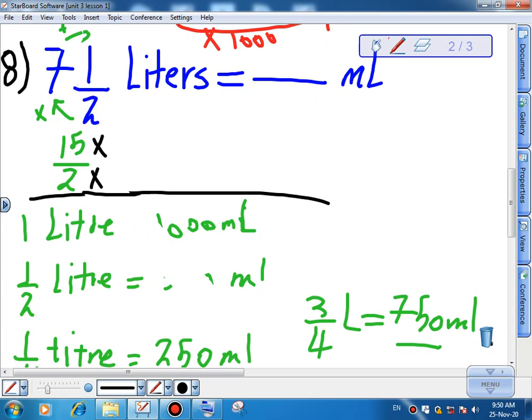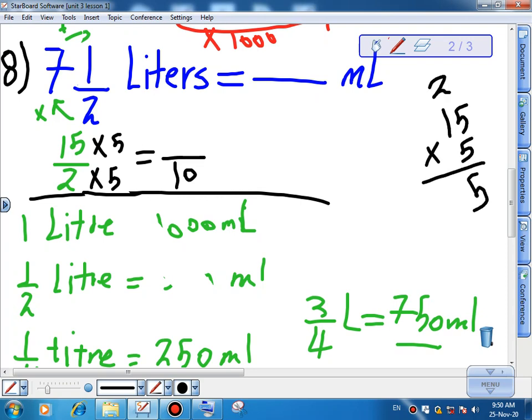We will multiply both the numerator and the denominator by 5. 5 times 2 equals 10. 15 times 5: 5 times 5 equals 25, 5 carry 2, 5 times 1 equals 5 plus 2 equals 7, so 75 over 10.